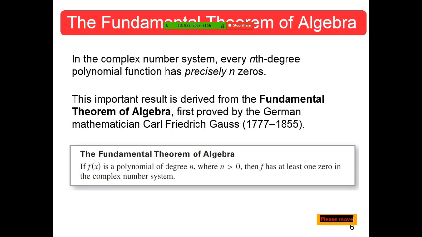And you might say, wait a minute, we found some that have only 1 zero, and we found some that have no zeros. Well, those are real zeros. We're talking about complex. Any that are missing in the real number system have to be complex, meaning imaginary components to it. This important result is derived from the fundamental theorem of algebra, first proved by German mathematician Carl Friedrich Gauss.